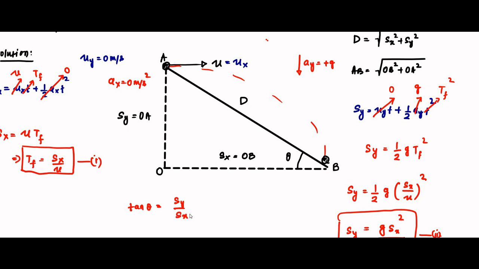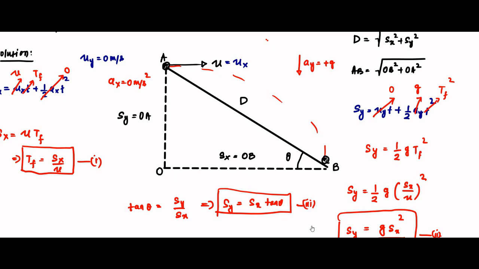That implies Sy is equal to Sx tan theta. So this is another relationship that we have got, relationship number 3.